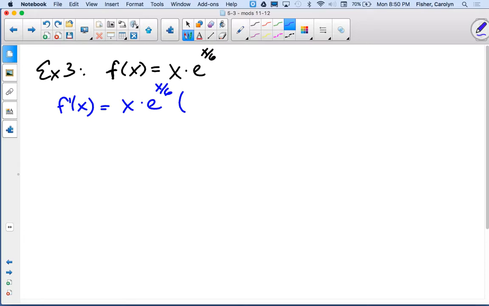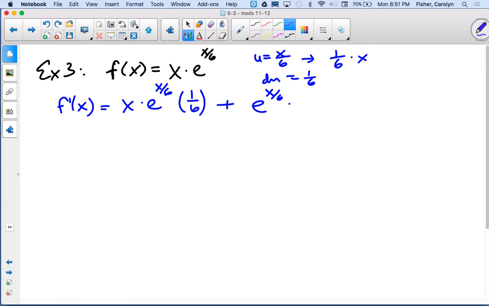Derivative of x to the 6th, so I really have x over 6. I prefer to write that as 1/6 times x, so my du is going to be 1/6. So that's the first part of my product rule, first times derivative of second, plus second, which is e to the x over 6, times derivative of the first, which is 1.